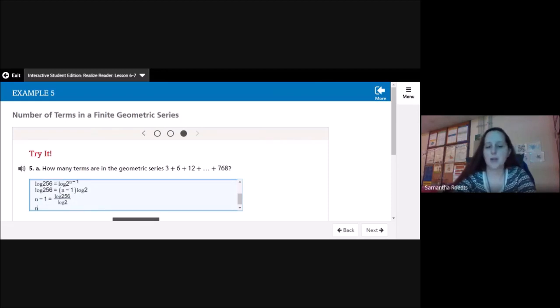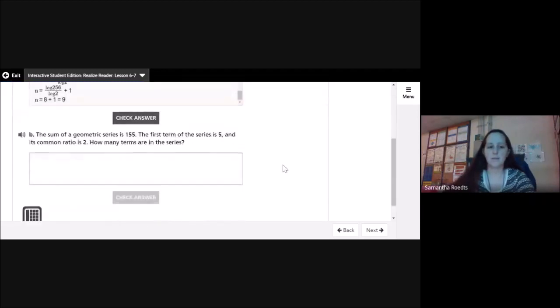I'm going to add 1 to both sides. So n equals log 256 divided by log 2, plus 1. So log 256 divided by log of 2 gives me 8. So n equals 8 plus 1 equals 9. There are 9 terms in the sequence.